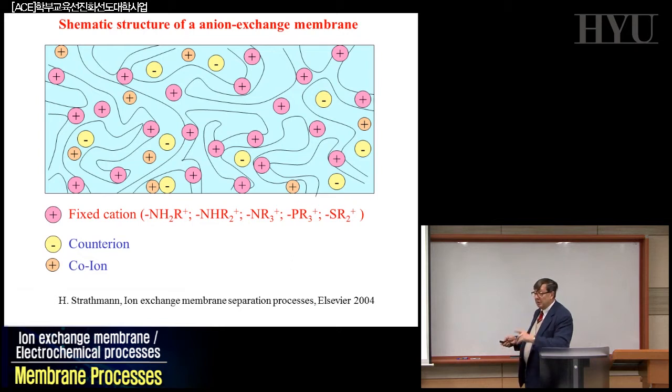So a transport number equal to 1 means we have a good ion exchange membrane if 100% of the current is related to the movement of the counter ions. Cationic membranes will be membranes in which 100% of the current is transported by the positive ions and not by the negative ones. The same does not happen in solution, where 50-50 is the amount of current transported. So the transport numbers will be 0.5 and 0.5 for counter ions and co-ions.